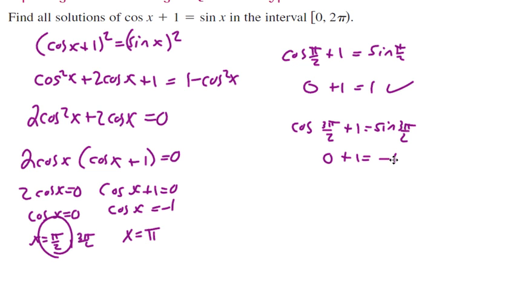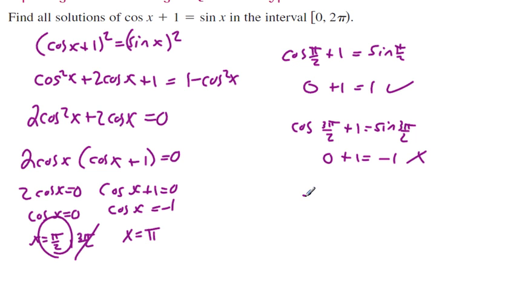So 1 does not equal negative 1, which means 3 pi over 2 is actually not a solution. Even though we derived it, we're checking to make sure they are really true. So 3 pi over 2 is an extraneous solution, which basically means it's not real, it's not part of the solution here.